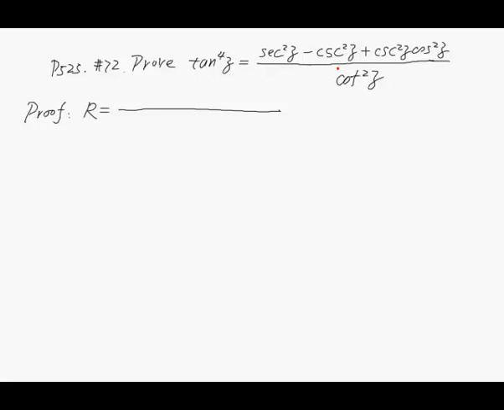You make an observation and you see this term and this term have a common factor, the cosecant square of z. So now let's try to factor out this common factor in the second and third terms. We factor out this negative cosecant square of z, and inside the parenthesis we have 1 minus the cosine square of z.